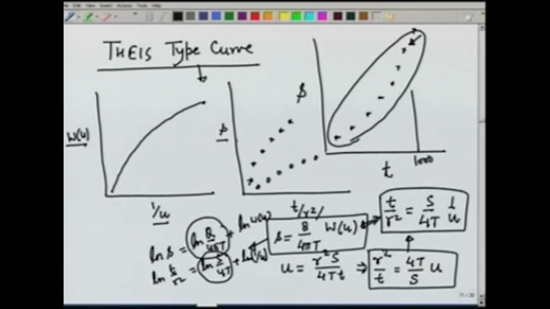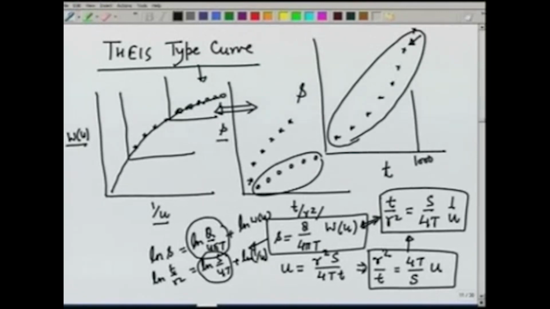The idea is that we match these two curves. So, we plot the values in this curve, move this curve here in such a way that the data lies exactly on the type curve, or in some cases if the data is like this, the curve may have to be plotted somewhere here or the axis has to be moved somewhere here to match with the type curve.